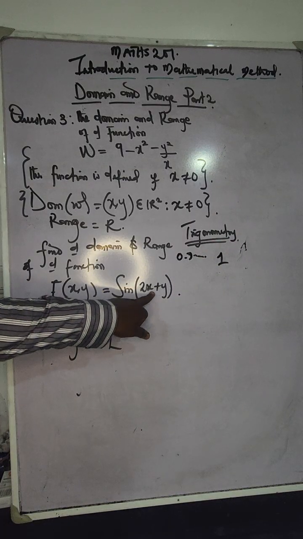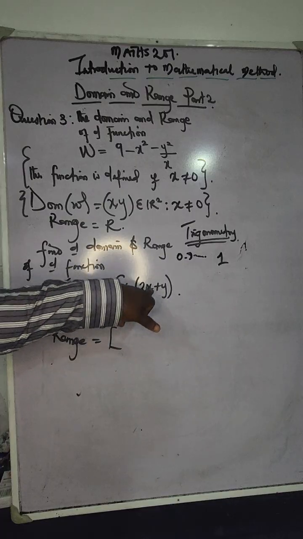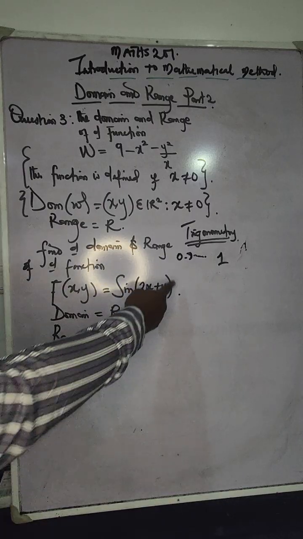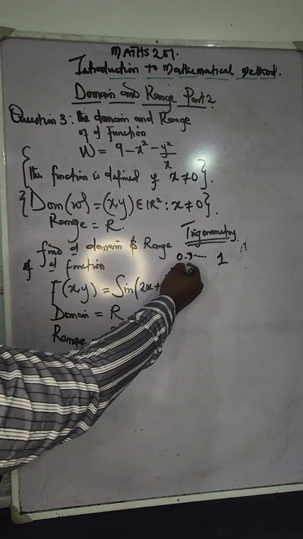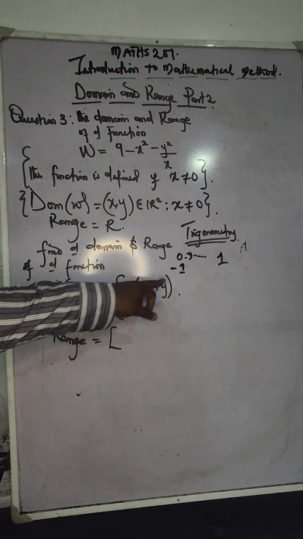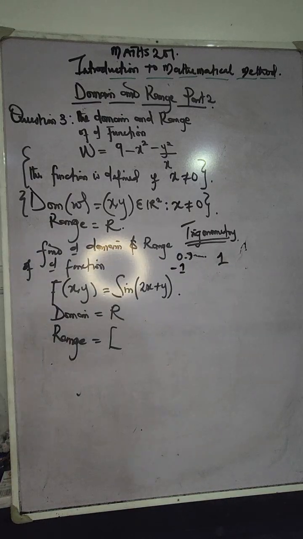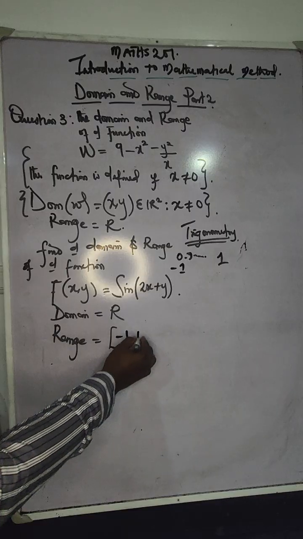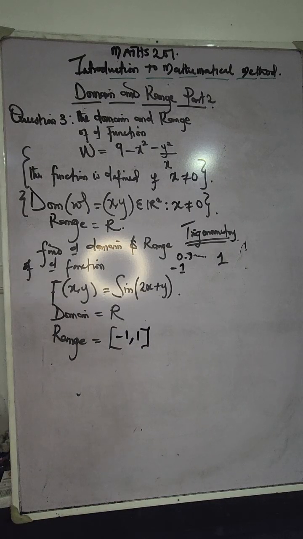Even if it's a negative, sine negative 1 billion, the answer you get here would not be less than minus 1. So the range of sine functions is minus 1 to 1. Did you see that? Very, very simple, right?